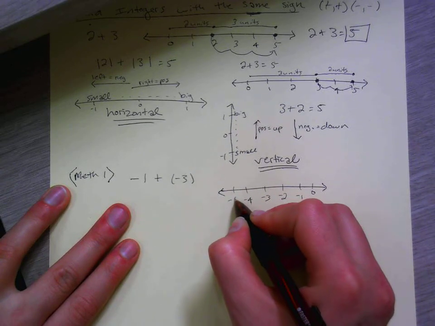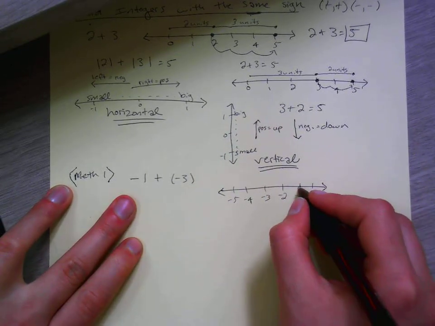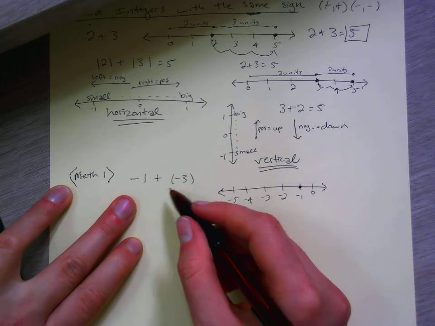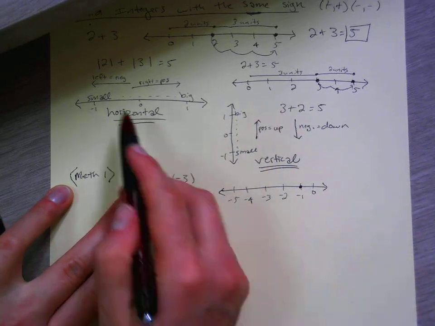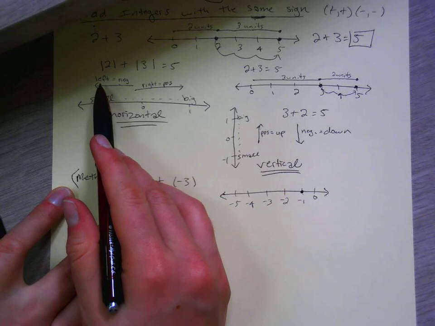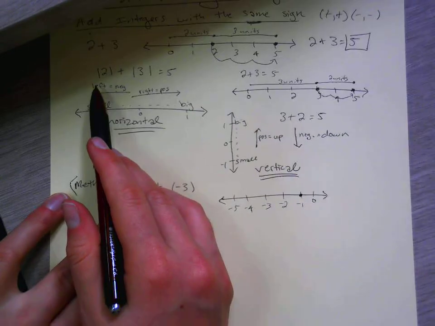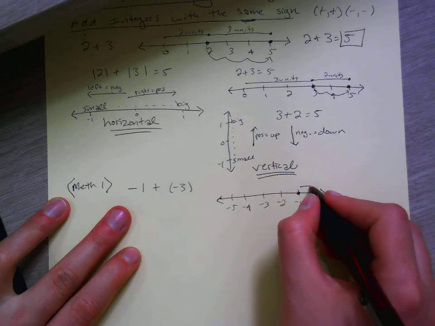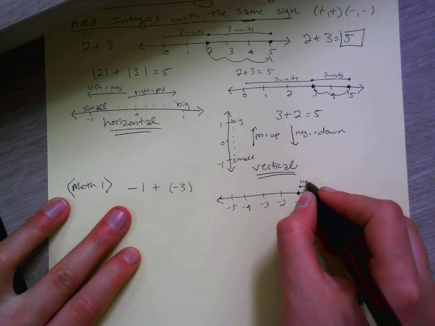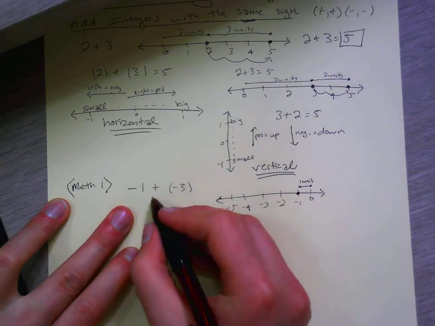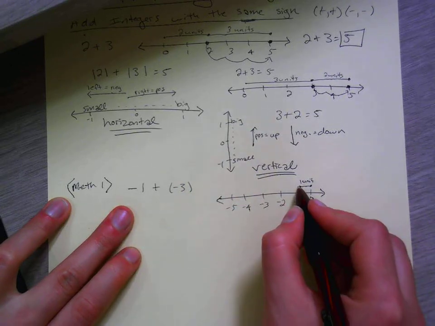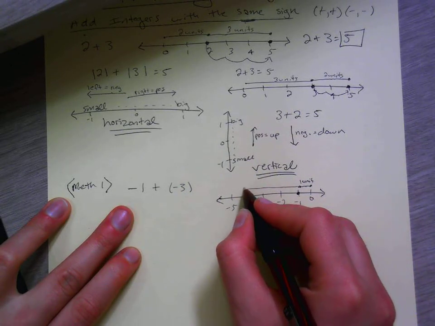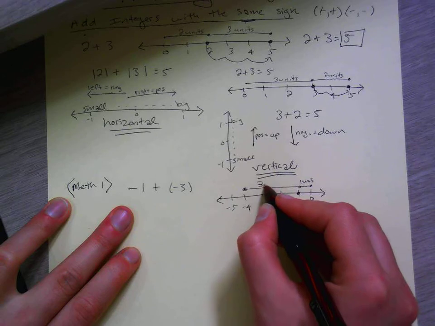Okay, so we start with -1 down here, and this is a negative number. It's a horizontal number line, so negative means that we go left. So on the number line, we start with -1. This was 1 unit. And then we need to go left 3. So 1, 2, 3. That is 3 units.